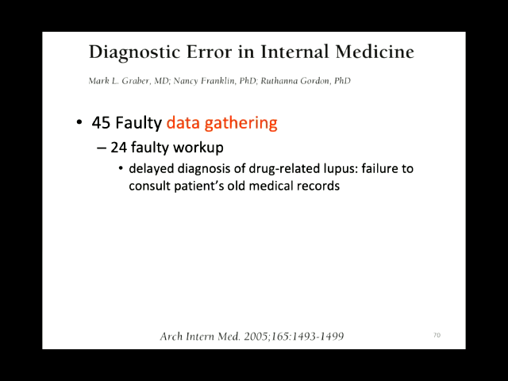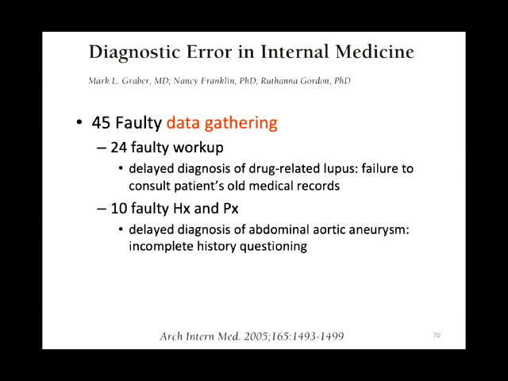Data gathering. In this category, they found that there was a faulty workup. For example, a delayed diagnosis of drug-related lupus, because the old medical records were not looked at. Multiple cases of history and physical, where there was incomplete history.